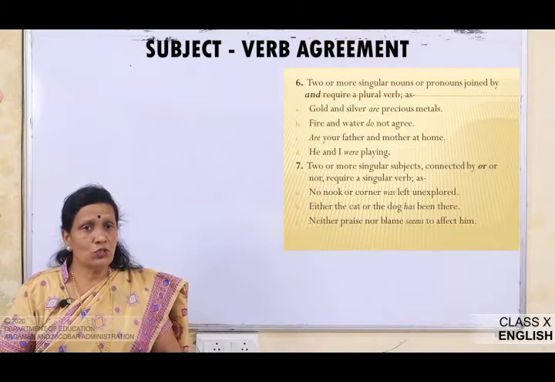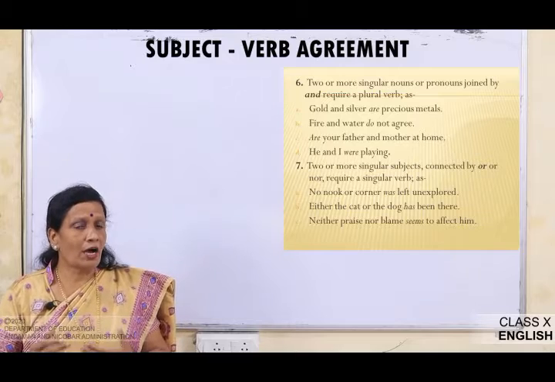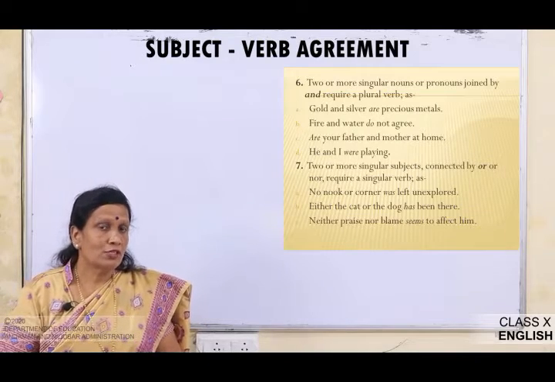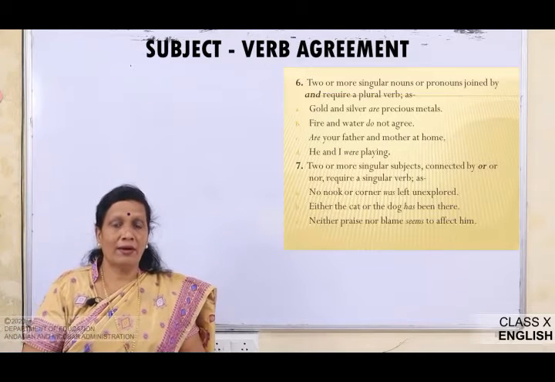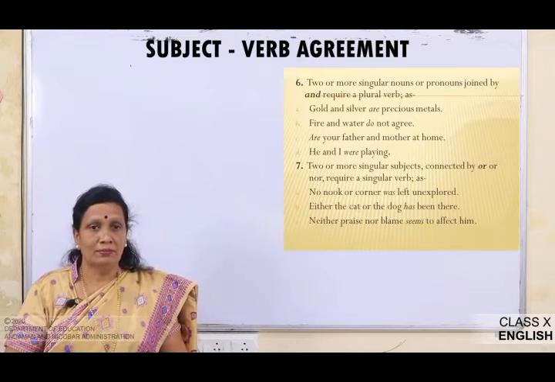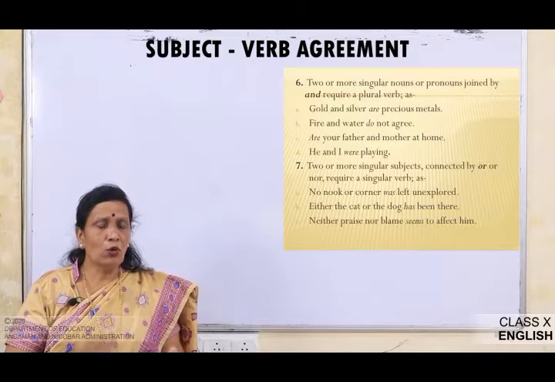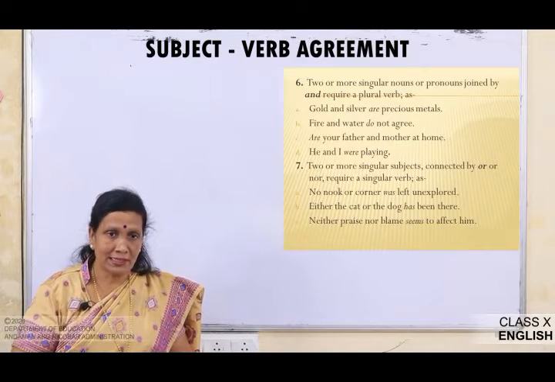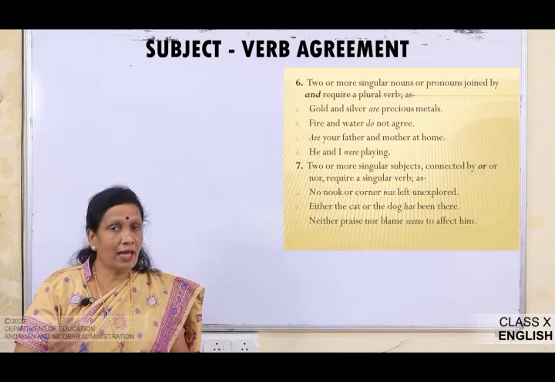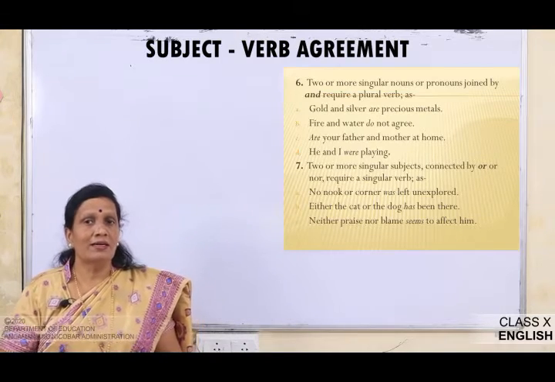Now, when two or more singular nouns or pronouns are joined by and, they require a plural verb. For example, gold and silver are precious metals. Fire and water do not agree.